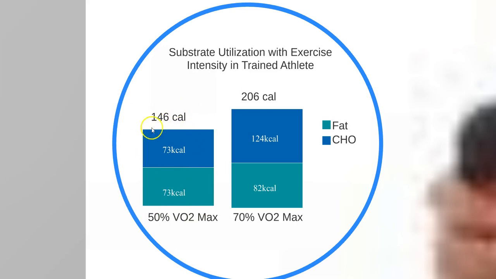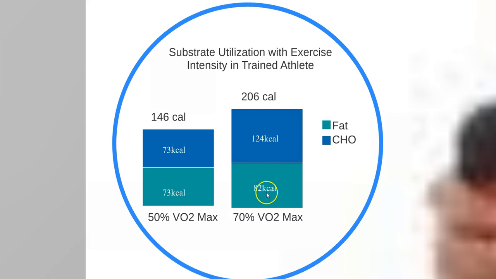So you can see here in the lower intensity workout, let's say it was 20 minutes at 50% VO2 max, and this person burned 146 calories, and half came from carbs and half came from fat. In the next run, we ramped them up to 70% VO2 max. They burned more calories, 60 more calories total. They burned more carbs than they did fat.